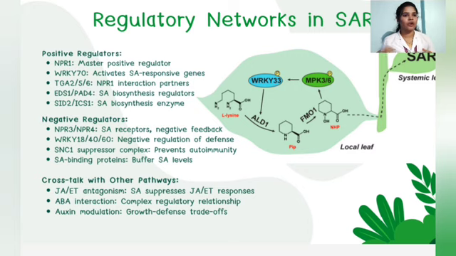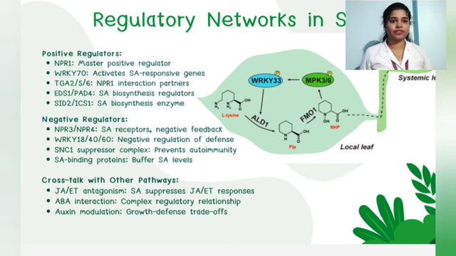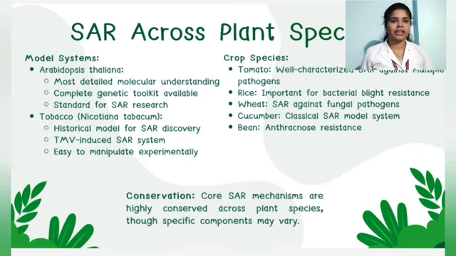There is also crosstalk with other pathways like jasmonic acid, ethylene, and abscisic acid. In systemic acquired resistance, studies in Arabidopsis, tobacco, tomato, rice, wheat, cucumber, and beans show that systemic acquired resistance is a highly conserved mechanism across plant species.